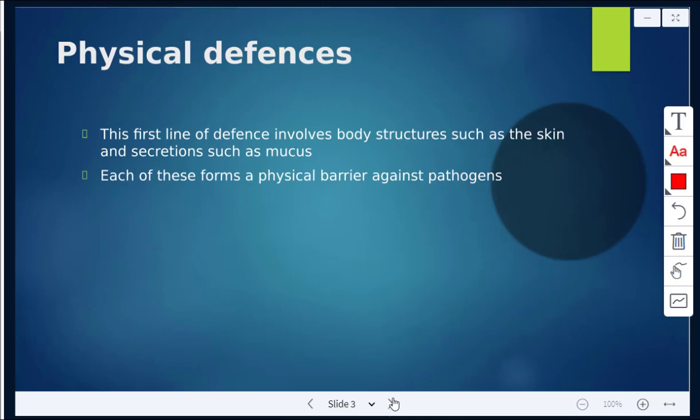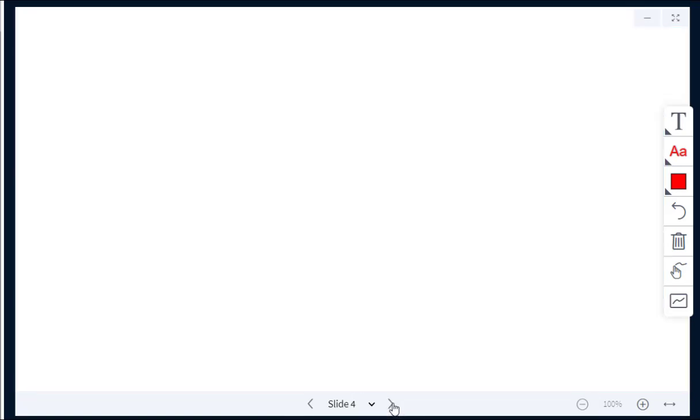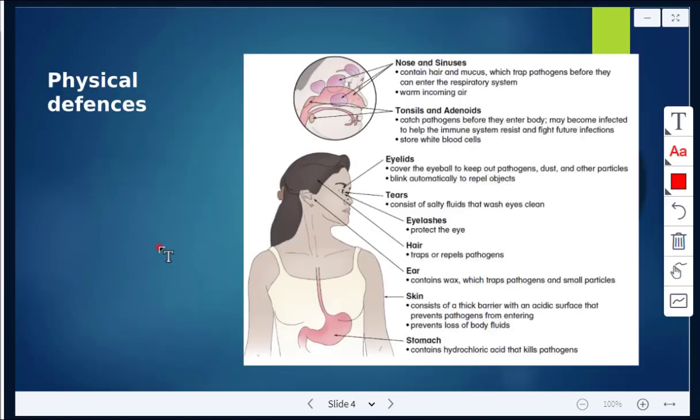Like I said, it's the first line of defense, and it involves body structures like the skin, secretions like mucus, and each of these forms a physical barrier against pathogens. So looking at this diagram here of physical defenses, looking at the eyes first, we've got the eyelids that cover the eyeball.